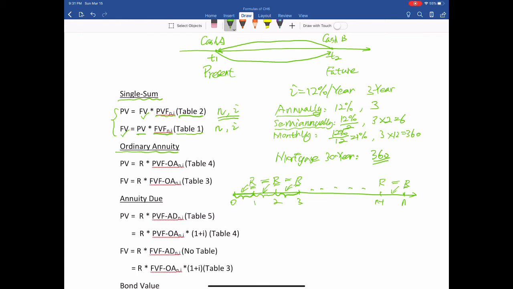So this is an ordinary annuity. For annuity due, it is very similar. It is an annuity. The only difference is the rent is paid or received at the beginning of each period. So this represents the rent in period 1, rent in period 2, period 3, up to period N.